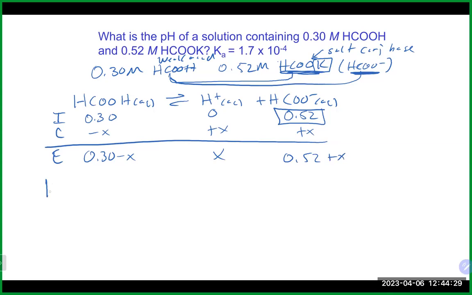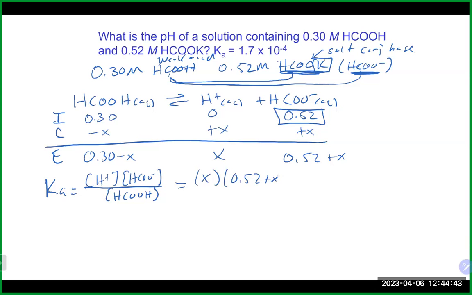This obviously would go into the Ka expression if this is the road that you chose. That would give you 0.52 plus x divided by 0.3 minus x equals 1.7 times 10 to the minus 4. At this point, you could do your assumption, assume x is equal to 0, and solve for x like we did before.